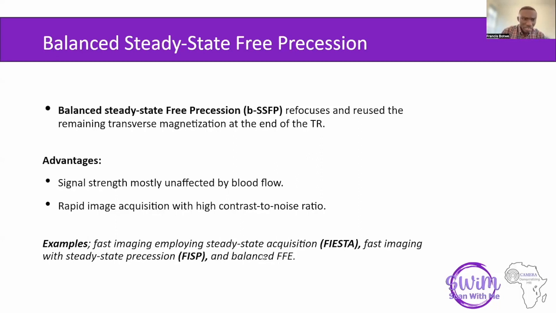And these are the advantages of the balanced steady state free precession. The signal strength is mostly unaffected by blood flow, and it has rapid image acquisition with high contrast to noise ratio. Some of the examples are listed below. And as I said, some of these are just nomenclatures based on the vendors.